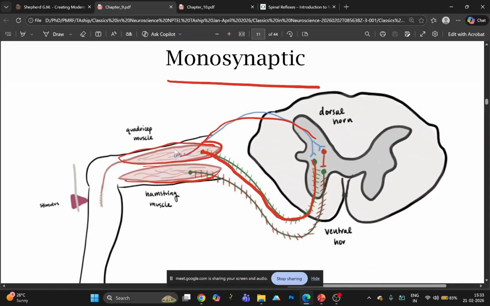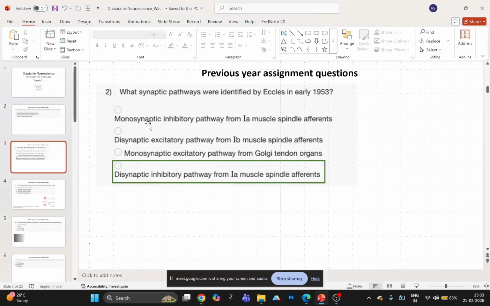When the quadriceps muscle is getting stretched, it has to know that it is now supposed to contract in response to this stretch. These sensory neurons are excitatory, and they will excite the motor neurons, which will give information to the muscles for muscle contraction. So that's why the first option is wrong. The monosynaptic pathway is supposed to be excitatory and not inhibitory.